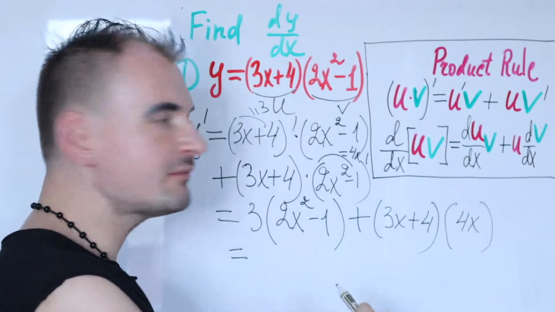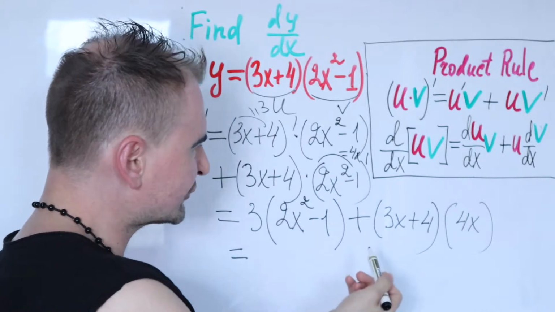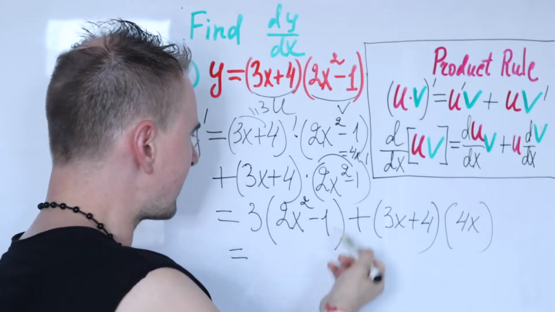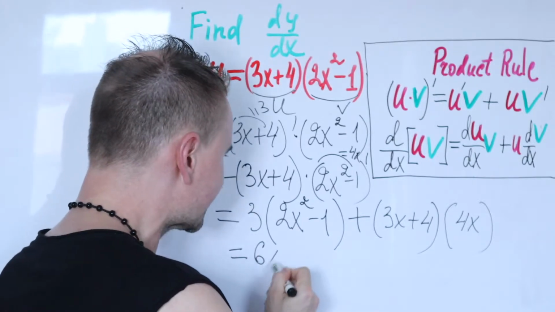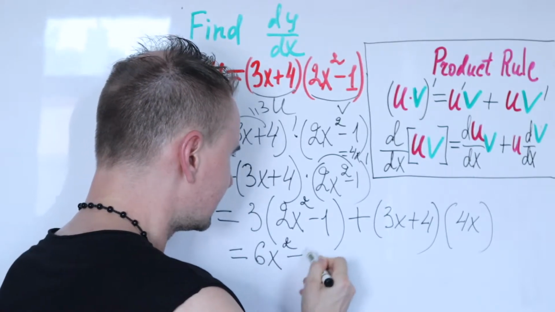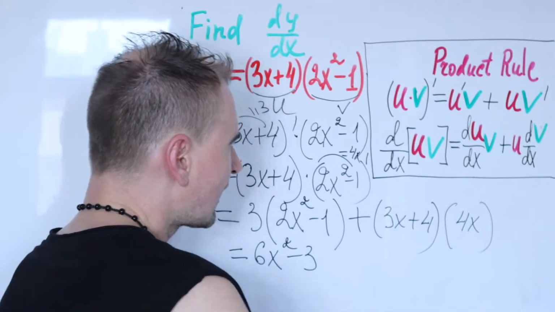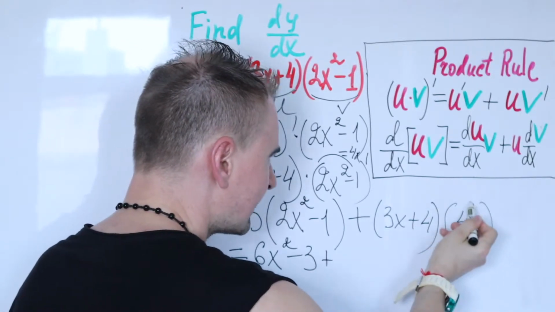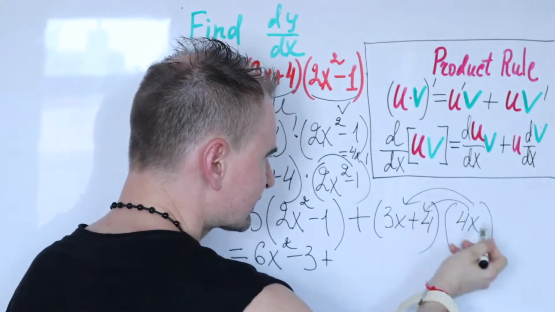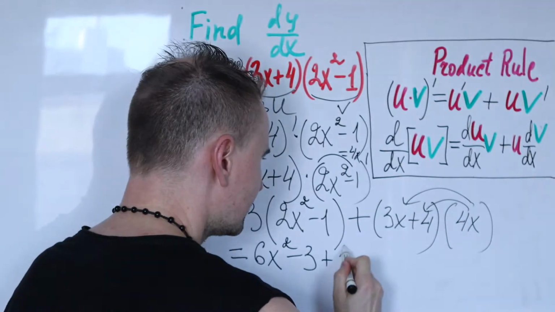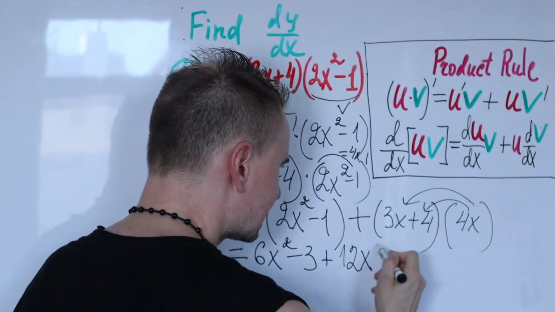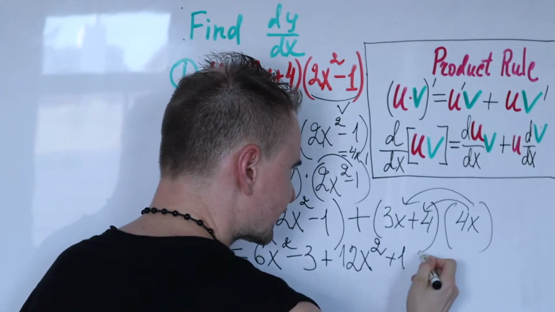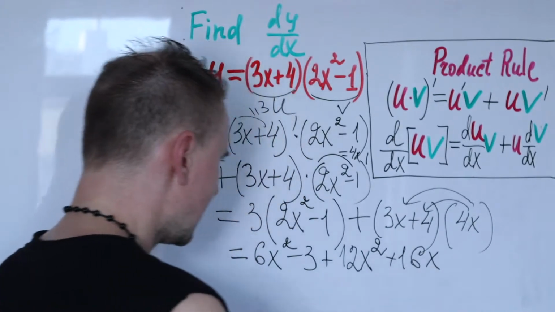Keep simplifying. So for the first term, you do some algebra. Just open up the parentheses. It becomes 6x squared minus 3. And here, you multiply this entire 4x to both terms. So 12x squared plus 16x.